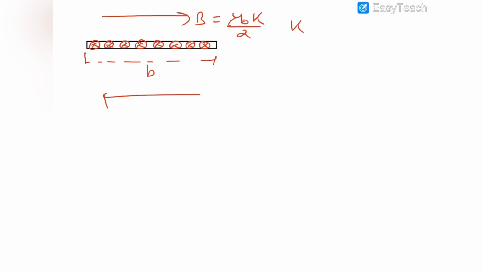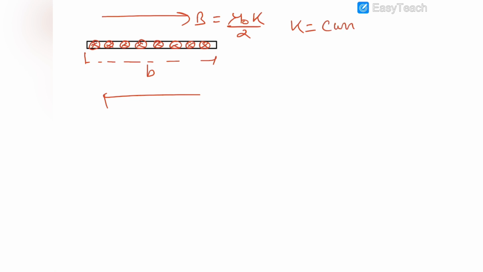If this is the width of the sheet, the magnetic field on the upper part will be like that and in the lower part like that, and it would be constant, equal to mu naught K by 2, where K is the current per unit length.